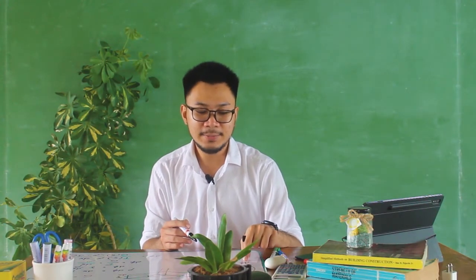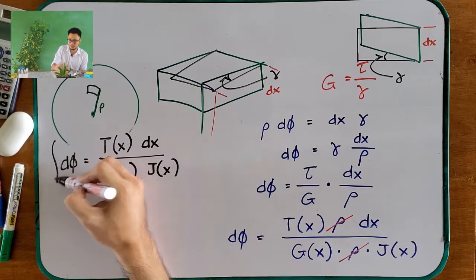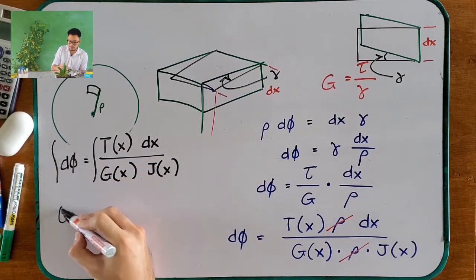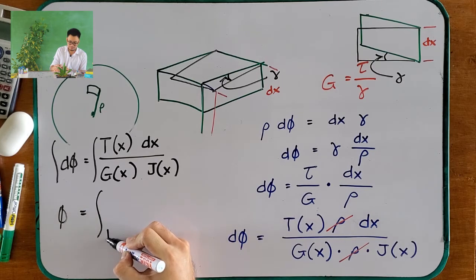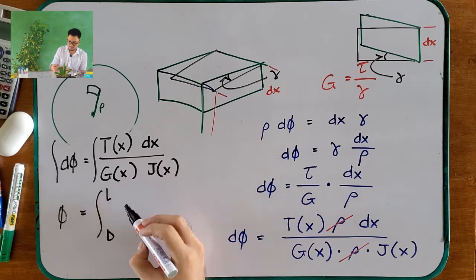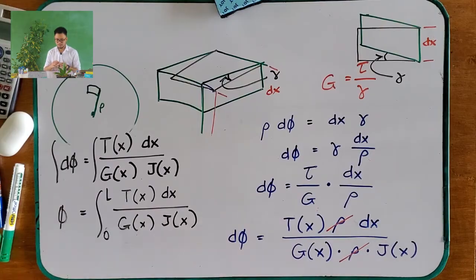And if we are going to determine the angle of twist of the whole length of the member of the shaft, then what we are going to do is to integrate that one. So finally, we will have this equation. Okay? So take note of this equation.